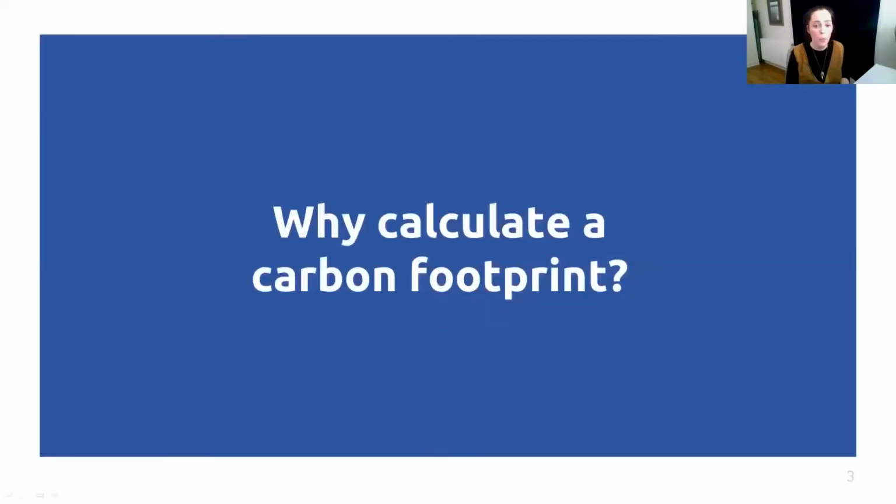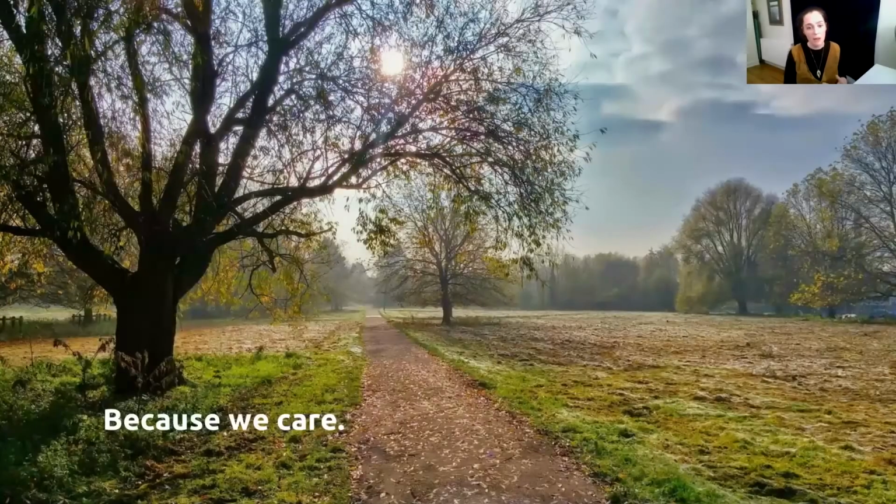So why would we calculate a carbon footprint? It's a pretty big question with a pretty big answer. Eventually, at the bottom of it, it's because we care. Lots of people are worried about climate change, concerned about the impacts it's going to have on nature, on the plants and animals. I think people are already aware that the seasons are changing.